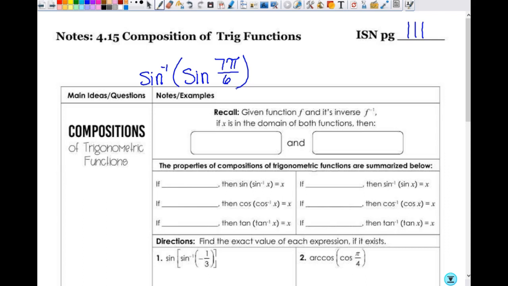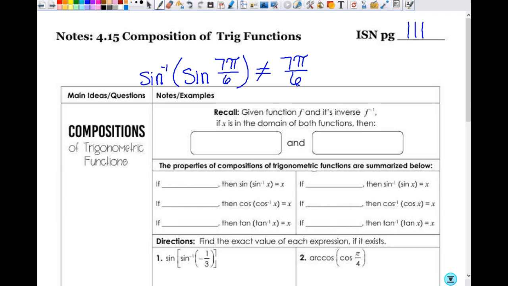But the sine inverse of negative 1/2 is not 7 pi 6, right? So if I do it as a composition, it does not equal 7 pi 6. And we'll talk about why in just a second. It only goes to pi halves.